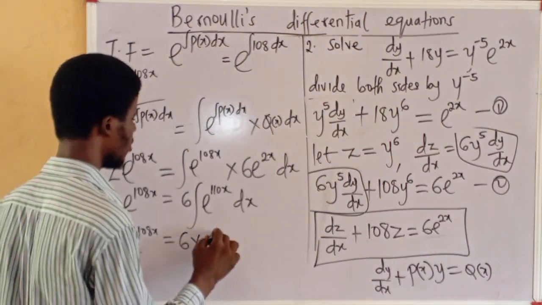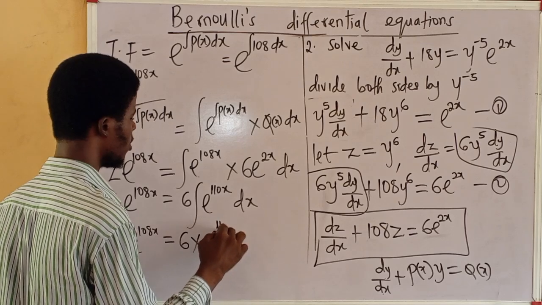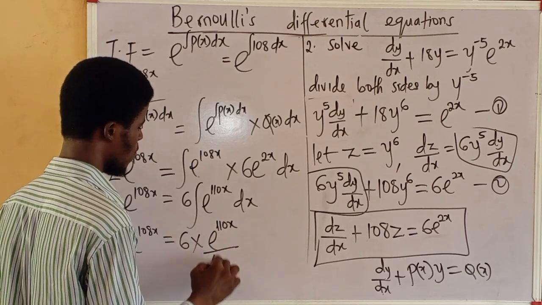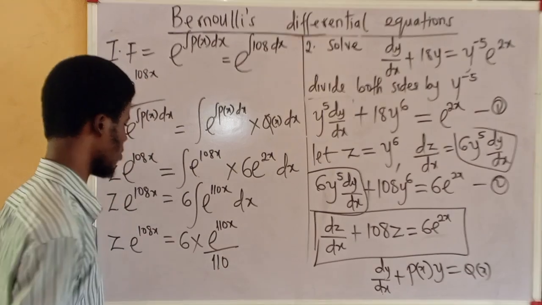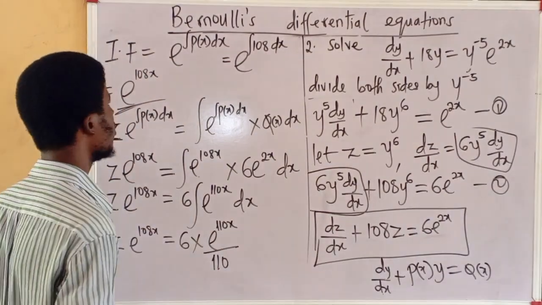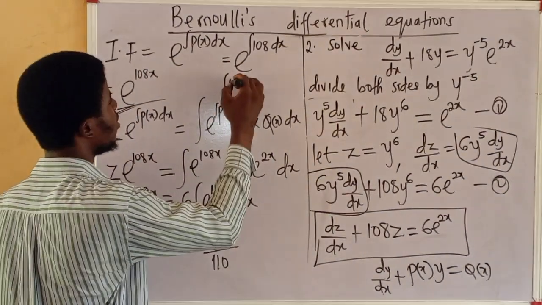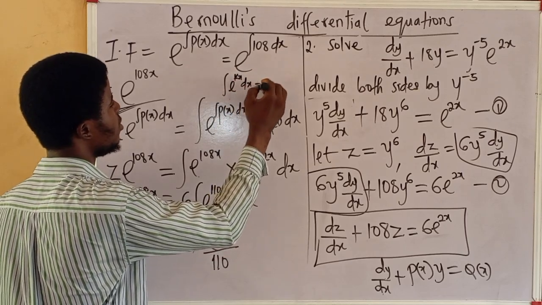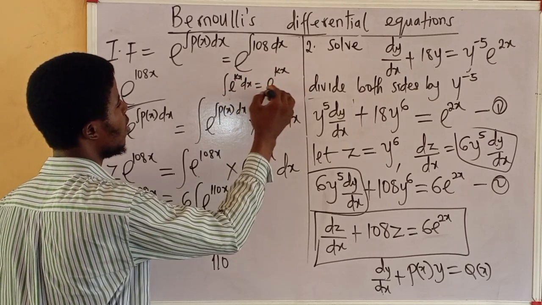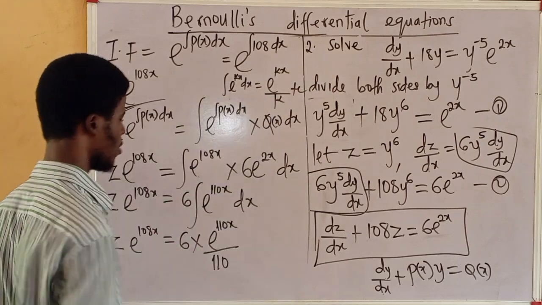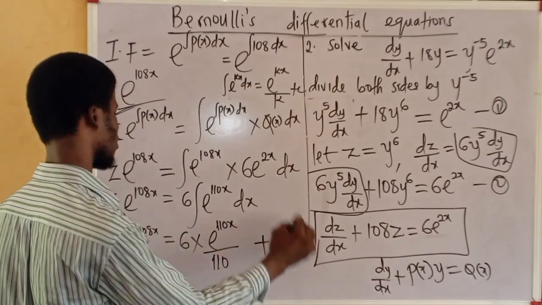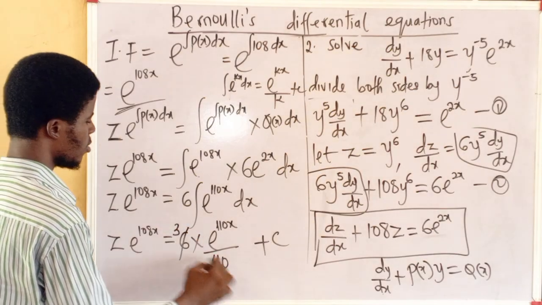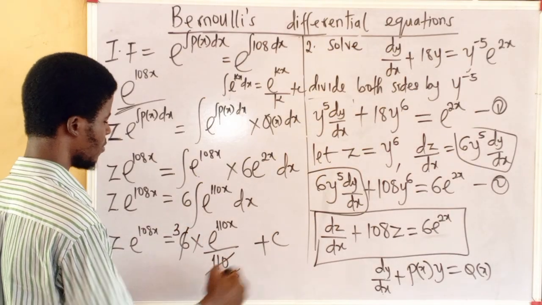We have e to the power of 110x divided by 110. Remember, for the integral of e to the power of kx dx, it is e to the power of kx all over k, plus c. So this is it now. 2 here is 3, 2 here is 55.